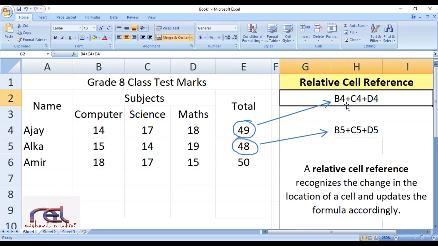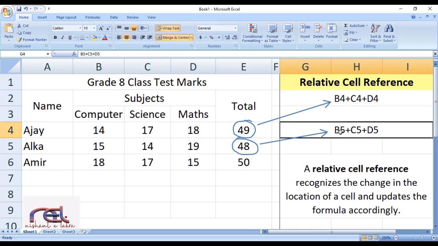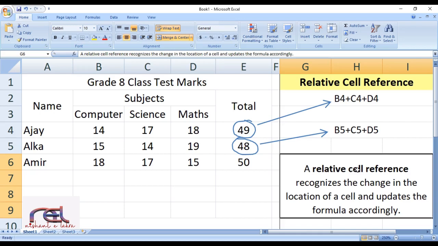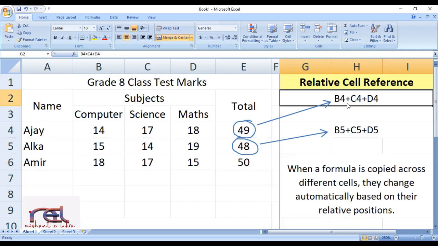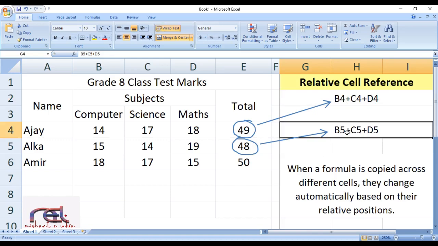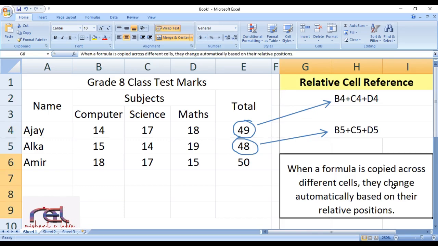I hope you understand this, and this is what is known as relative cell reference. When a formula is copied across different cells, they change automatically based on their relative positions. Like I have explained to you, B4 has changed to B5 and likewise, right? So this is relative cell reference.